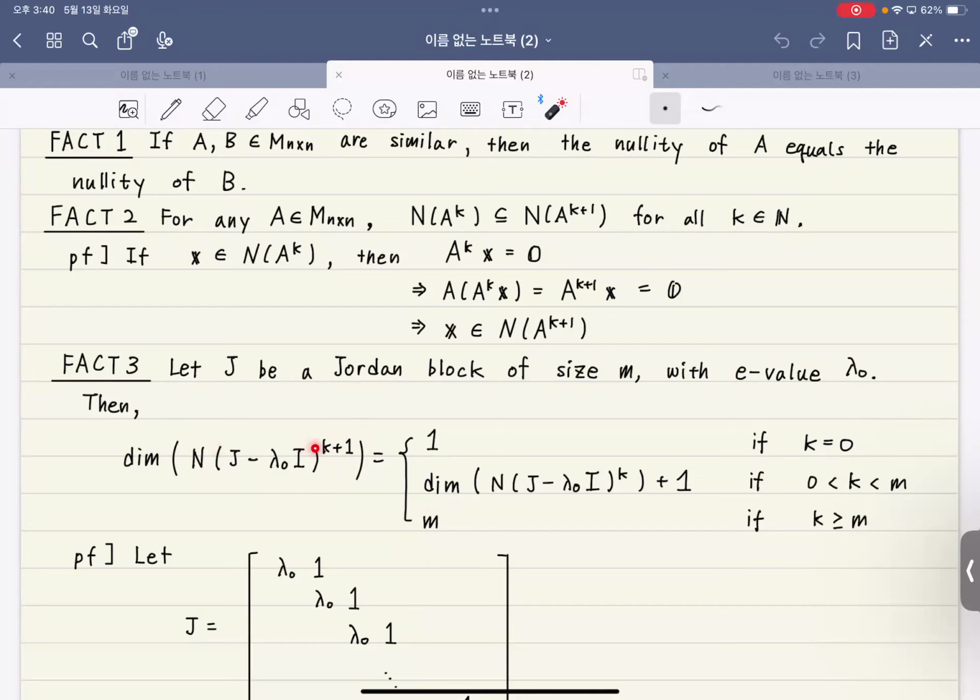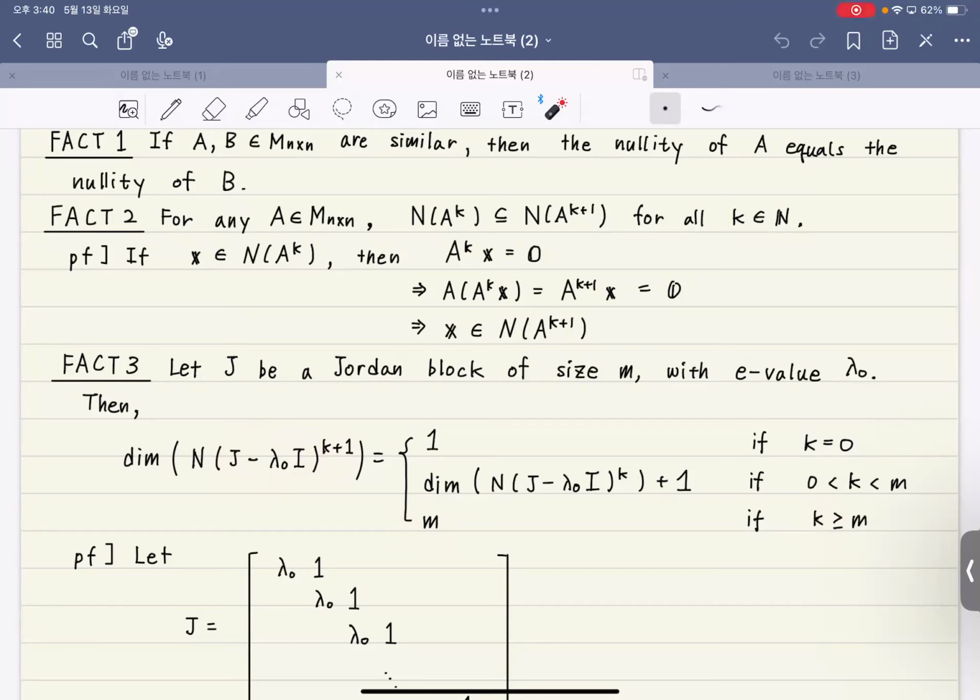All right, why? Okay, hold on. So J minus lambda 0 times I is again an m by m matrix, and the nullity of this m by m matrix equals m. That means after this point, this matrix is going to be the zero matrix, right? There's only one n by n matrix whose nullity equals n, which is the zero matrix, right?